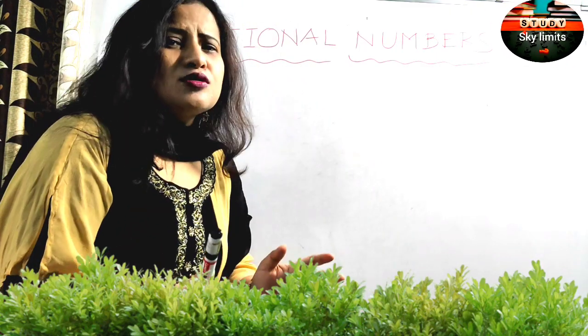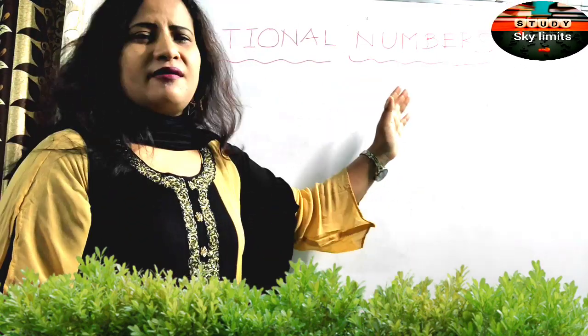But now, here comes the rational numbers. Okay, all these numbers that we talked about, they come under the category of what? Rational numbers. How can we forget the integers here, right? You have already seen the videos on integers. So all the integers also fall under the category of rational numbers.